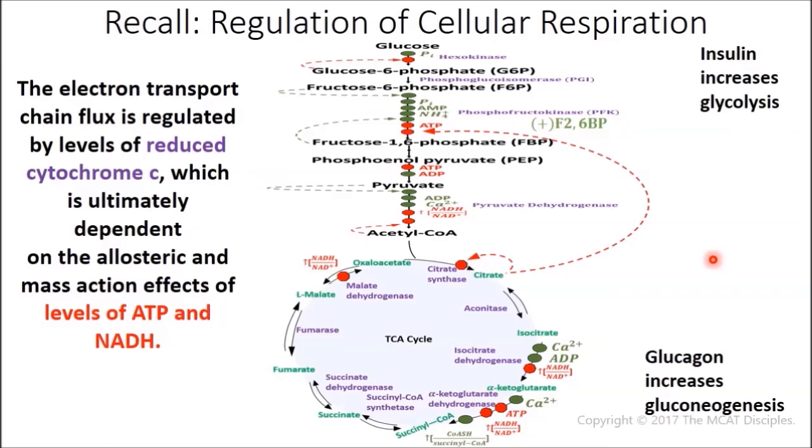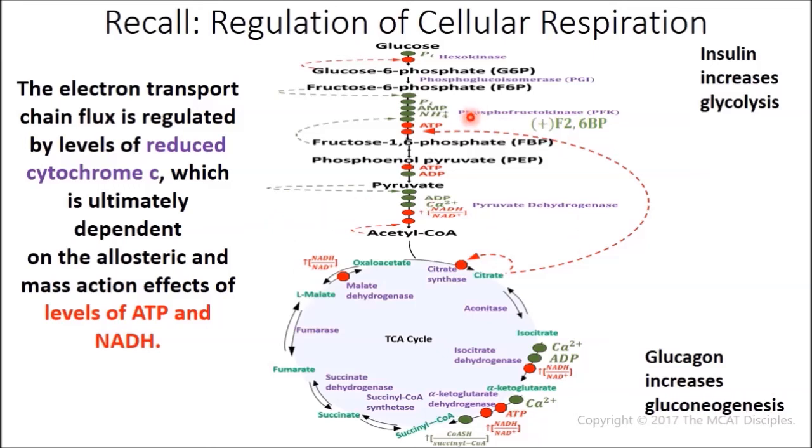And remember, this regulation of cellular respiration is primarily determined by reduced cytochrome C levels, which is determined by all these little allosteric effectors here. But the main one to remember is PFK, because that is the major flux controlling enzyme of glycolysis. And we've added one more thing, which is fructose 2,6-bisphosphate. It's levels of ATP and NADH that regulate these things.